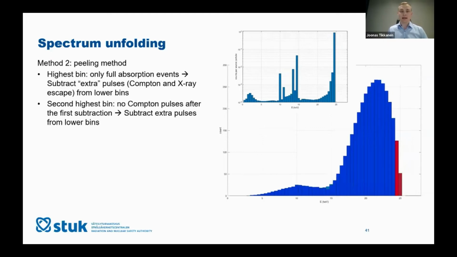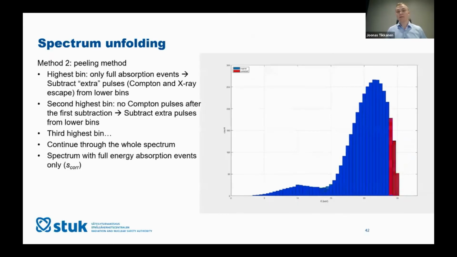Then if we look at the third highest bin, the same situation applies. When we continue through the spectrum from higher to lower energies in this fashion and do this subtraction in each channel, we are getting something that resembles the fluence spectrum shape that we think it should look like.